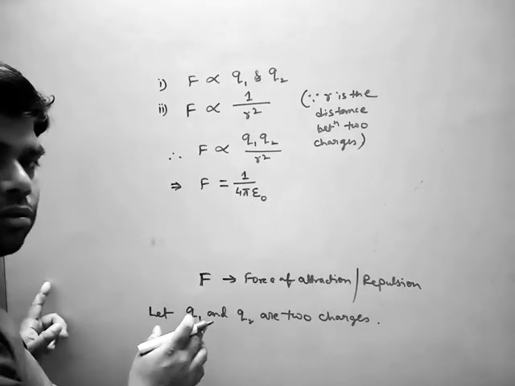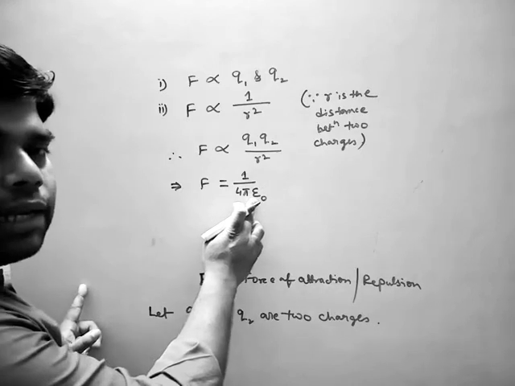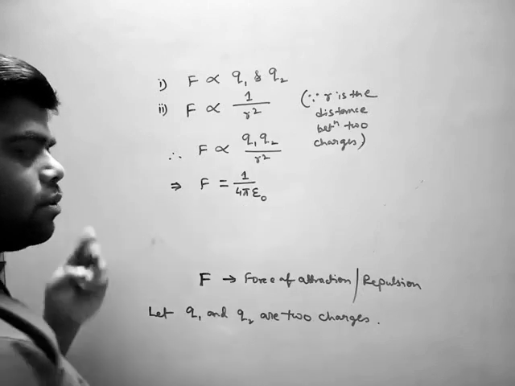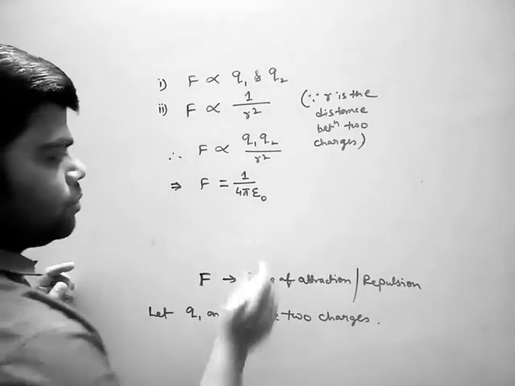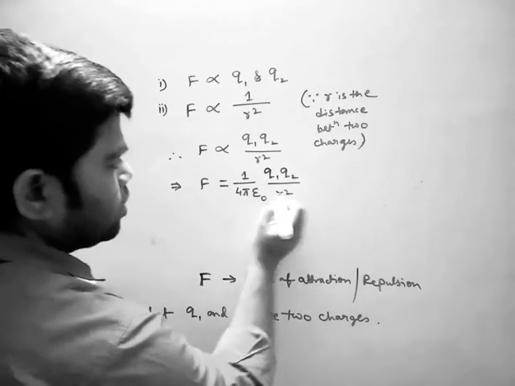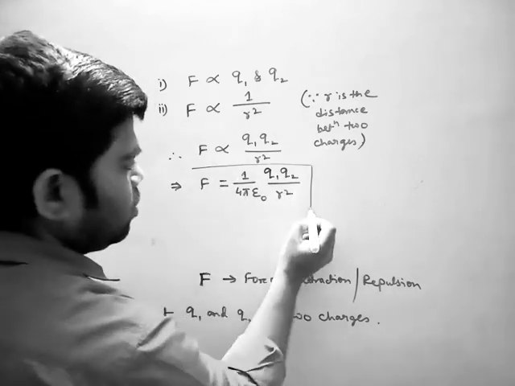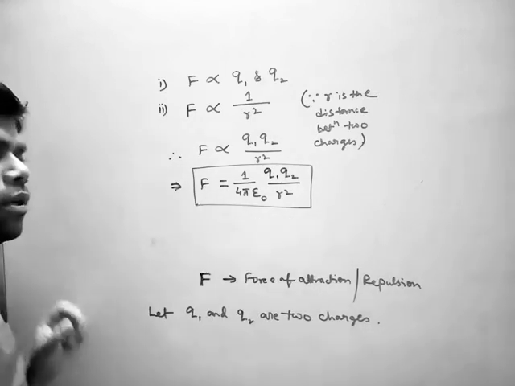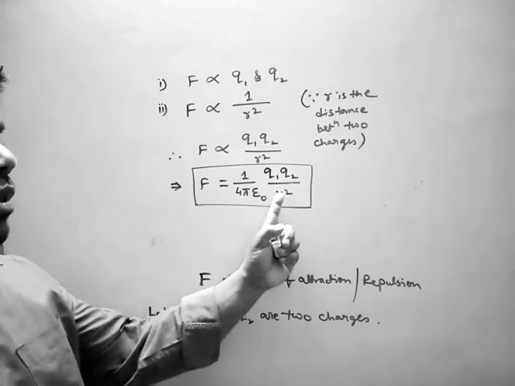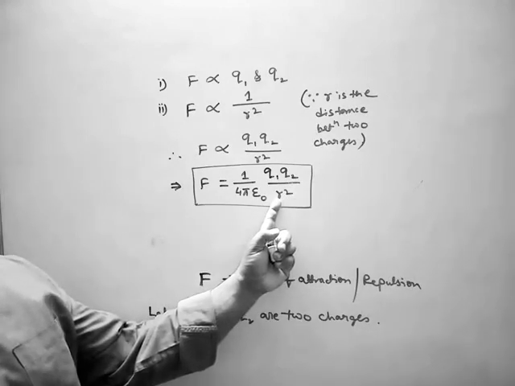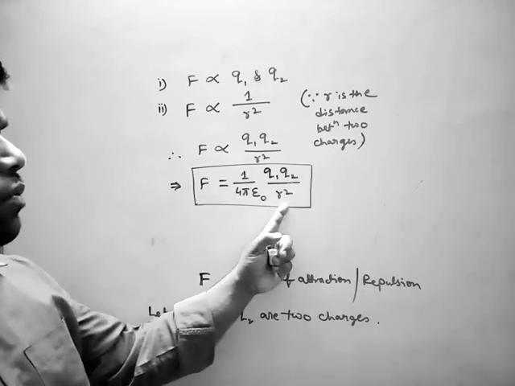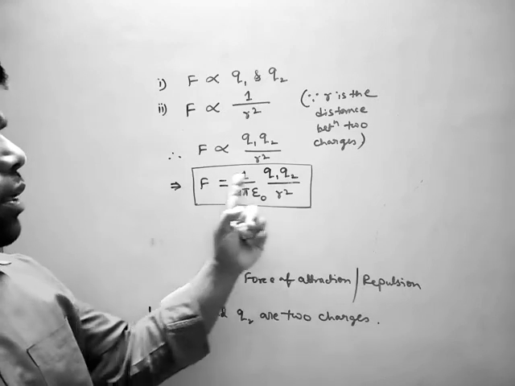It is not E naught, you have to say epsilon naught, which is called permittivity. So F is equal to 1 by 4 pi epsilon naught times Q1 Q2 by R square. This is the formula of the force between two charges. It depends on the magnitude of both charges and is inversely related to the square of the distance between the two.